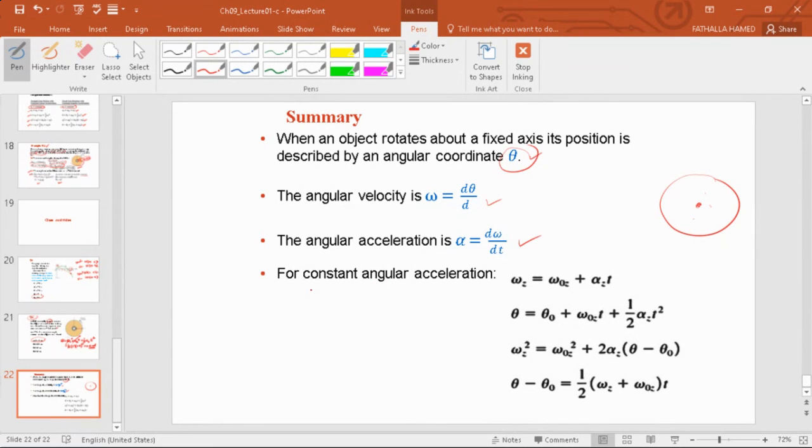And if we take the case when the angular acceleration is constant, we developed a set of equations similar to the ones that we had in motion along one dimension. Omega z is equal to omega 0z plus alpha z t.